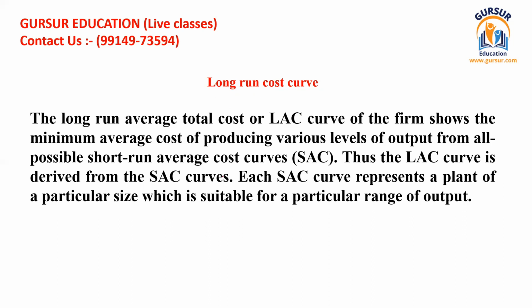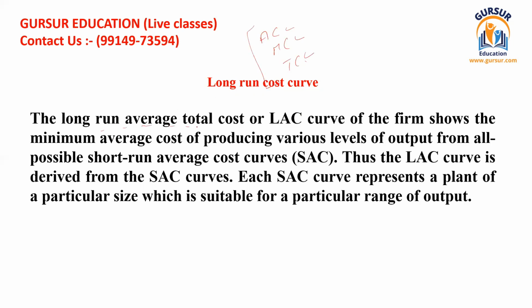So what is a long run cost curve? These are just the cost curves which cover all the short run cost curves, okay. So basically we have to study only three kinds of curves right now. These are the average cost curve, marginal cost curve and total cost curve. We should be concerned about these three things only now, okay.